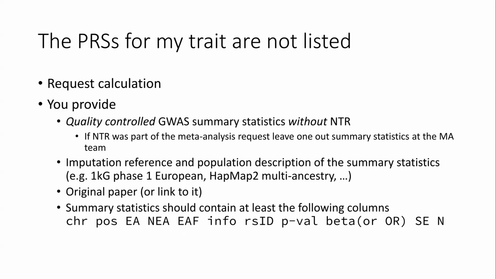So this is not standardized or harmonized yet. So if I see so many statistics, I have to deduce what is the chromosome column, what's the position column, and so on and so on. And sometimes there's missing data, or people write the allele names in small caps instead of uppercase letters, and so on and so on.